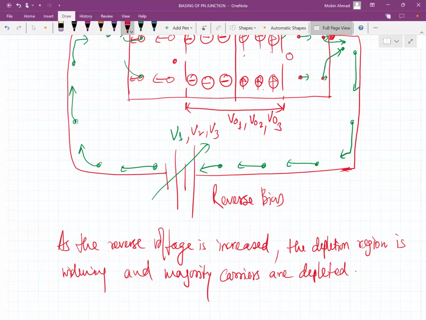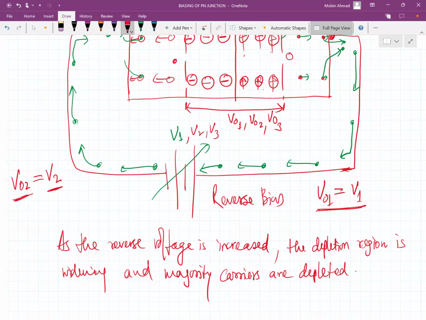Now when V01 becomes equal to V1, the flow of the electrons stops. Similarly, V02 is the barrier potential when the V2 voltage has been applied. When the barrier potential becomes equal to V2, the applied voltage, then the flow of the electrons will stop.